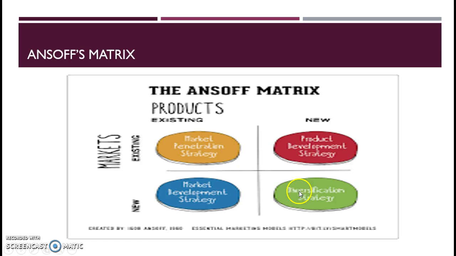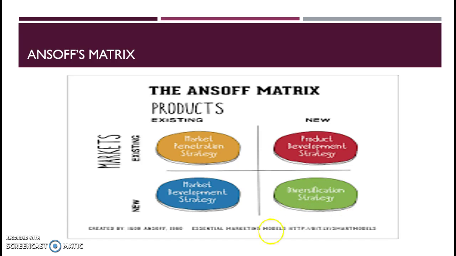And then finally, if you are getting a new product into a brand new market, maybe a niche market, this is referred to as diversification. So something completely different, completely distinct, hopefully with the result being that you get some sort of niche market which you are the sole owner or supplier of.